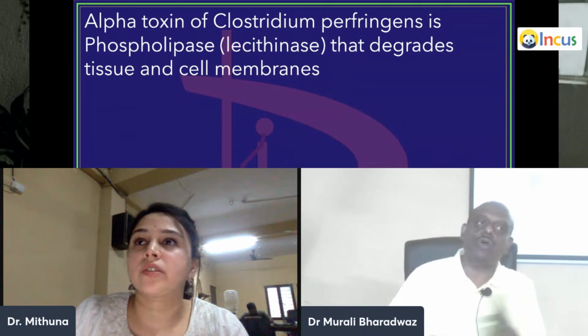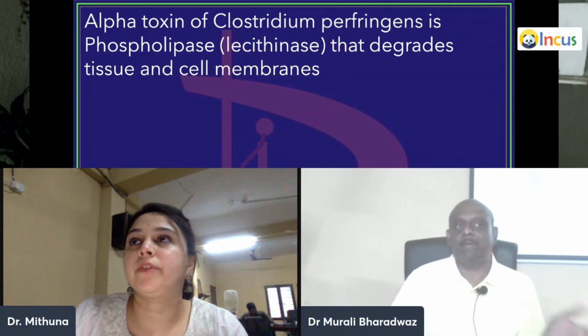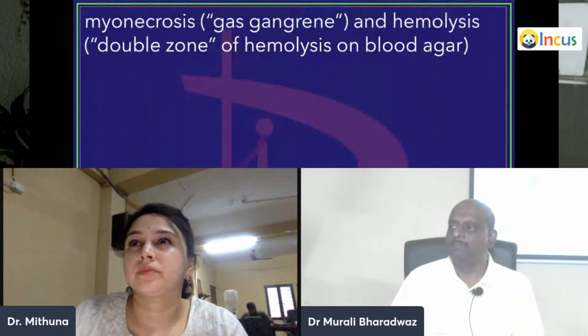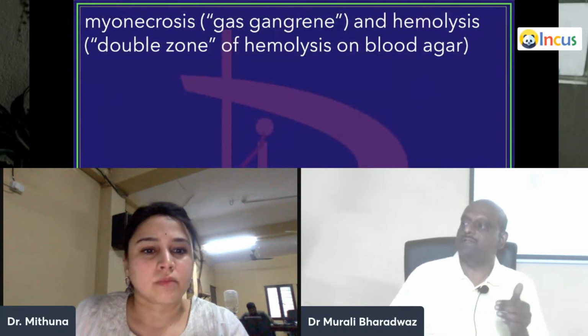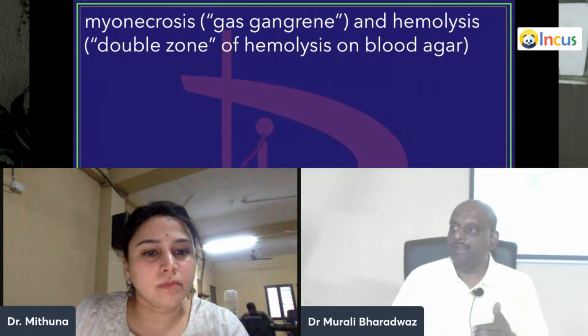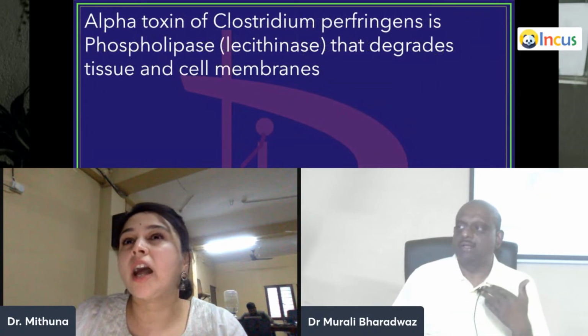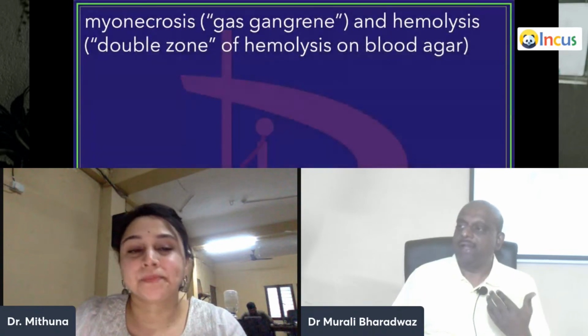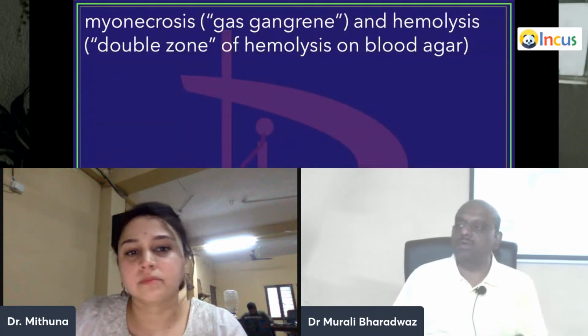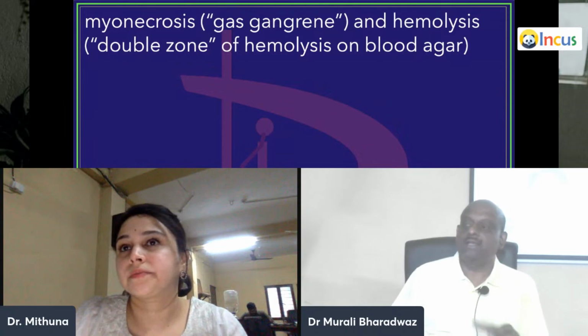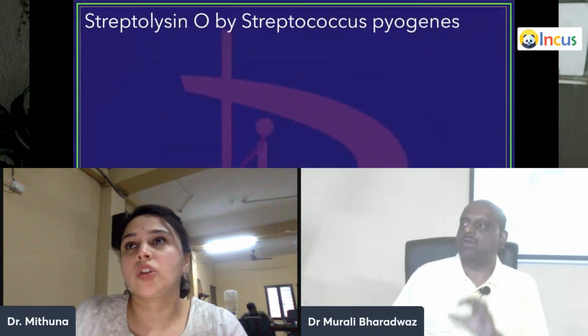It is the alpha toxin of Clostridium perfringens, is what you need to remember for tomorrow's exam. Similarly, there is myonecrosis which occurs due to Clostridium, and a double zone of hemolysis on blood agar is also a feature which you see in Clostridium.